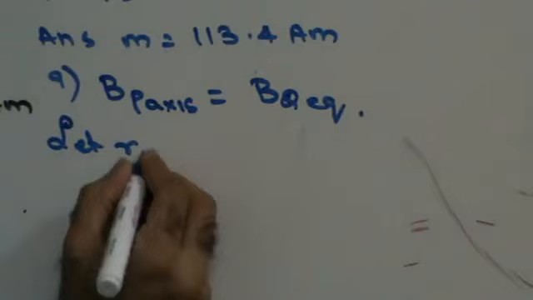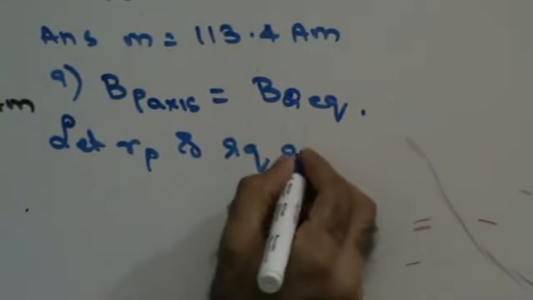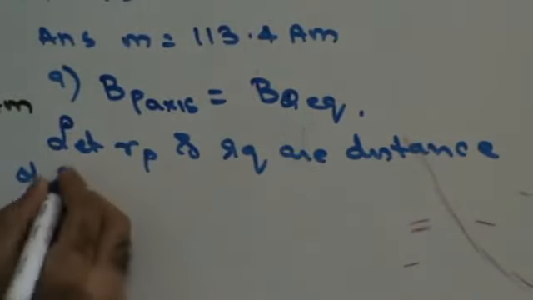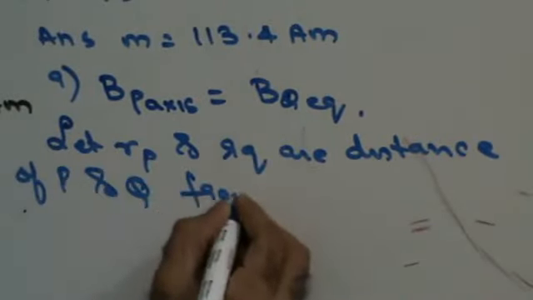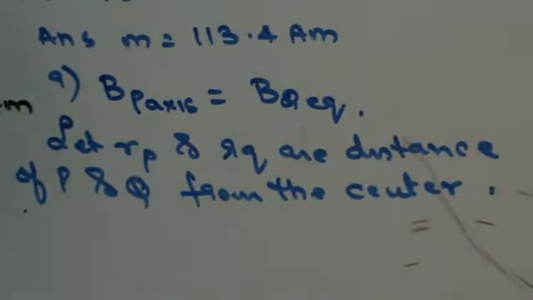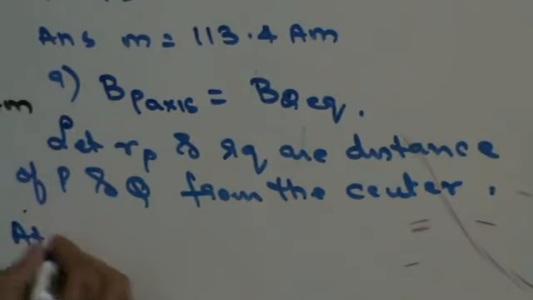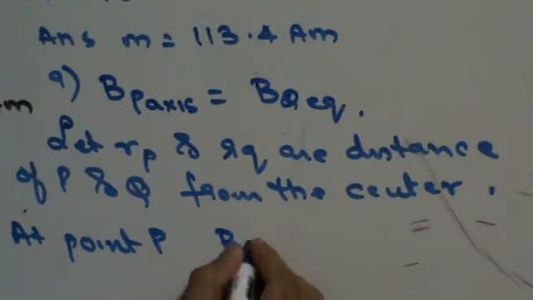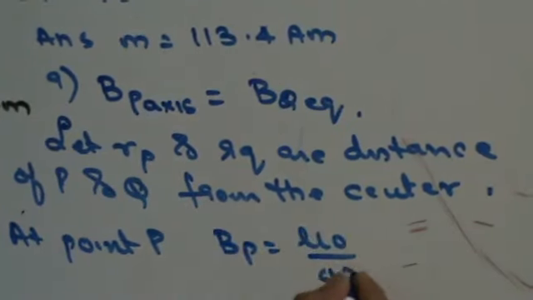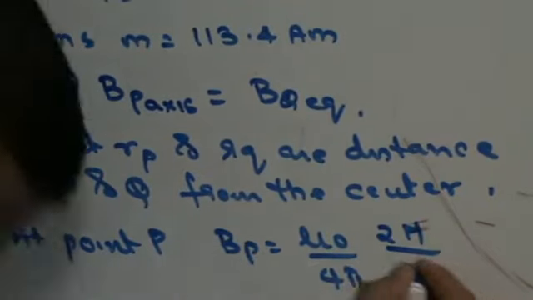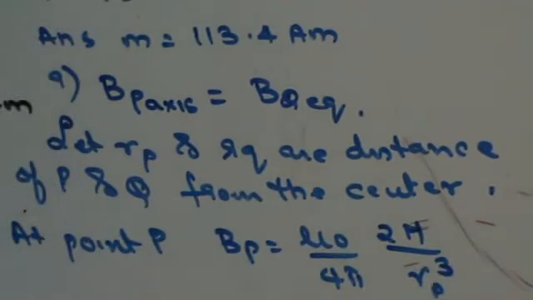Let us assume that RP and RQ are the distances of P and Q from the center, right? In which case I can say at point P, BP is going to be mu 0 upon 4 pi, 2m upon RP cube, since it's along the axis.